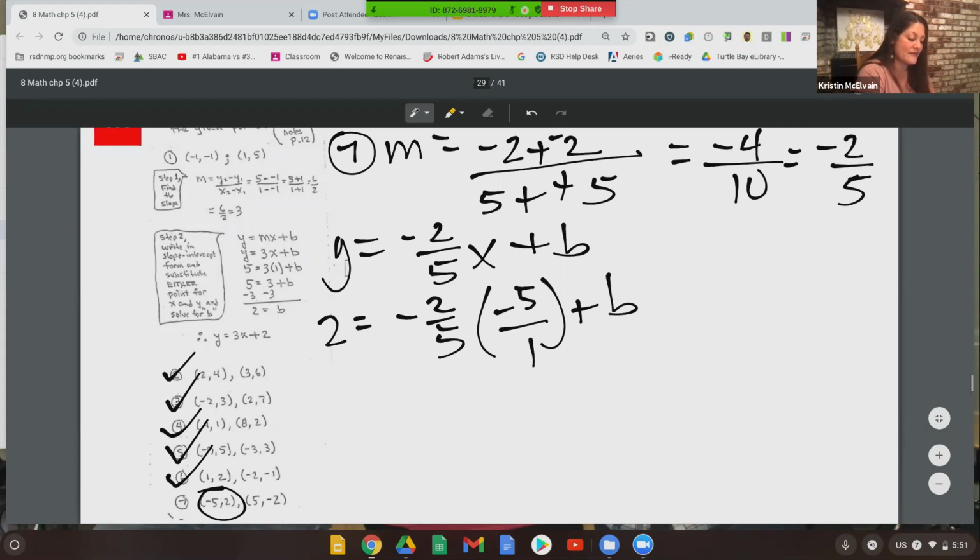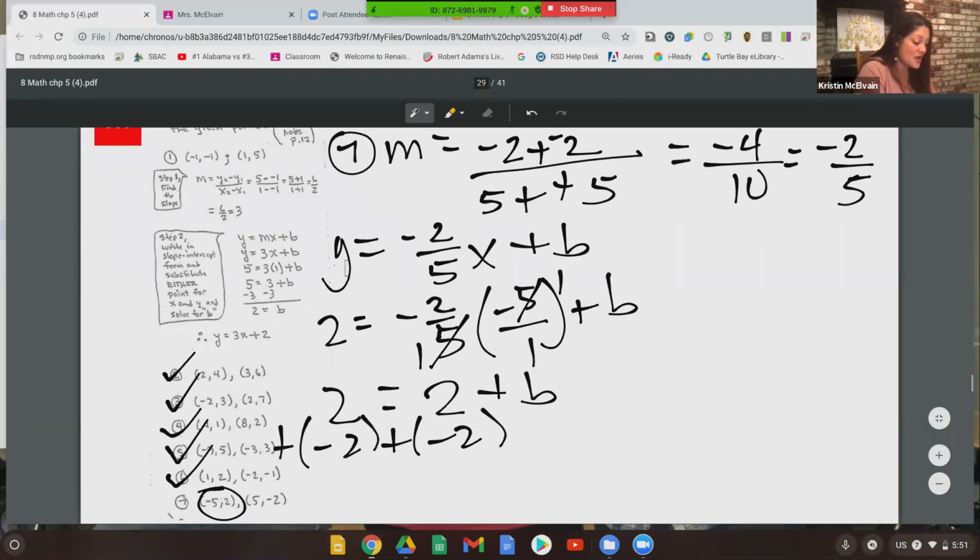Of course, that's -5 over 1. So these cancel out. 2 equals, a negative times a negative is a positive, so that gives me a +2 plus b. Can't believe it happens again. Gives us a b of 0.